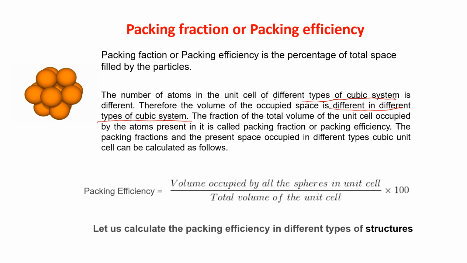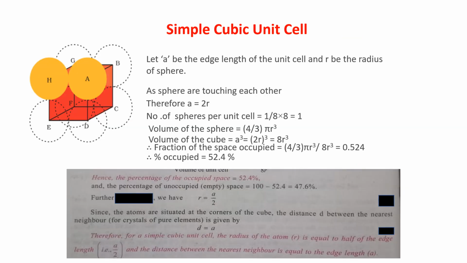Packing efficiency or the packing fraction is given by the volume occupied by all the spheres in a unit cell divided by the total volume of the unit cell, into 100 for percentage. So let us now calculate the packing efficiency in different types of structure. I'm talking about the simple cubic unit cell.